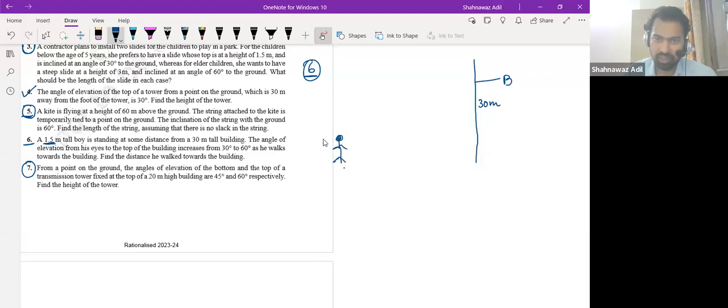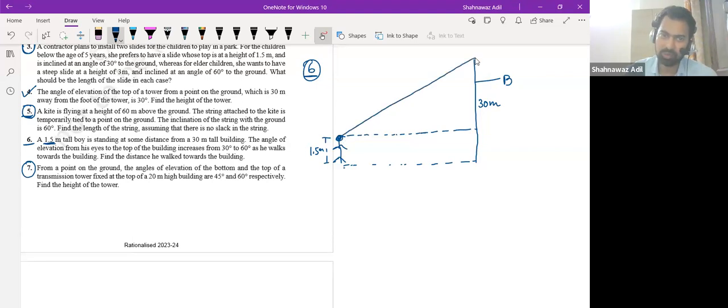He is 1.5 meter. Now, what is the question? The angle of elevation from his eyes. These are his eyes, right? This is the line of sight and the angle of elevation to the top of the building.